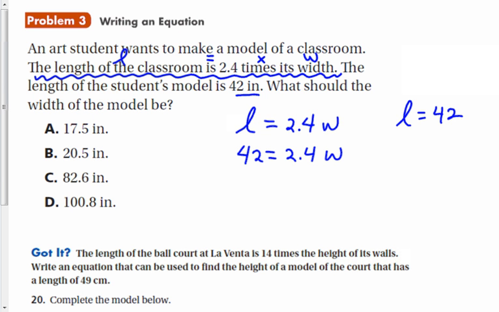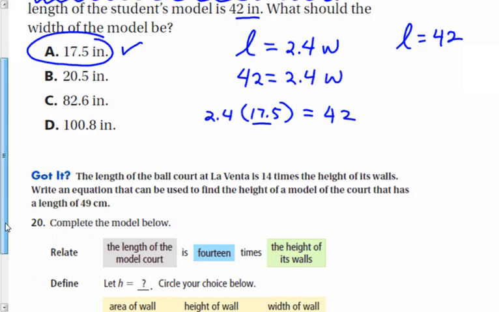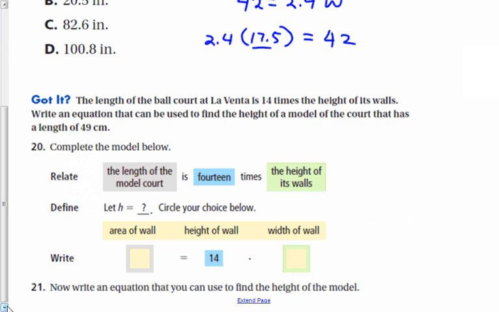So now I'm just going to take my answers over here and try each one. I'm going to use a calculator here. I'm going to do 2.4 times each number, 17.5, until I find one that works, that equals 42. And if I multiply 2.4 times 17.5, that equals 42. So I know that's my solution. So I'm going to circle that. All right, I'm going to let you try that.